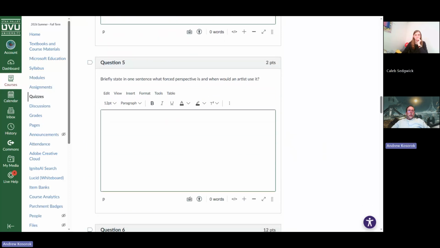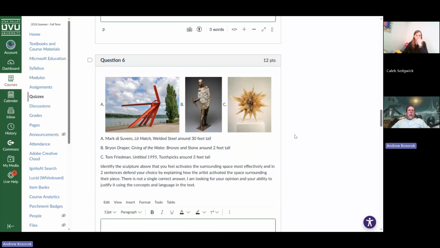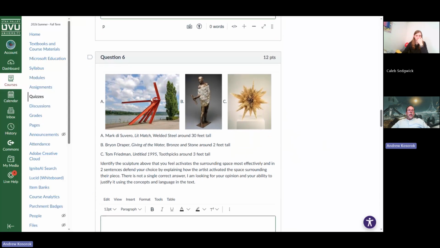And everybody has a really clear understanding of forced perspective. I'm really liking this because what I get out of the class, usually you get a little bit over half that pick A, about a third pick C, and then there's always a couple that pick B. And again, it doesn't matter which of these three you're picking.